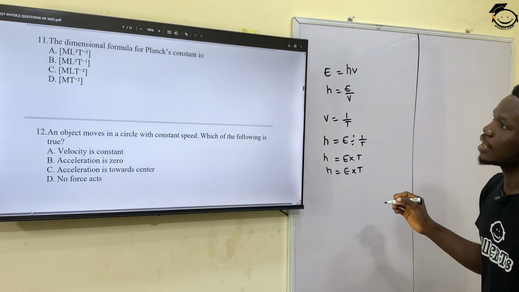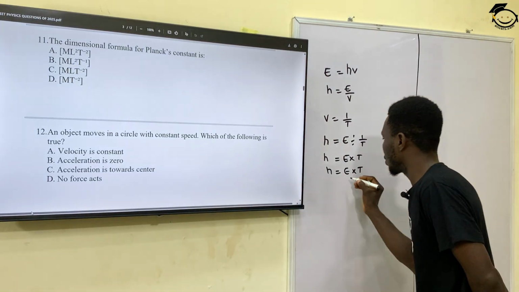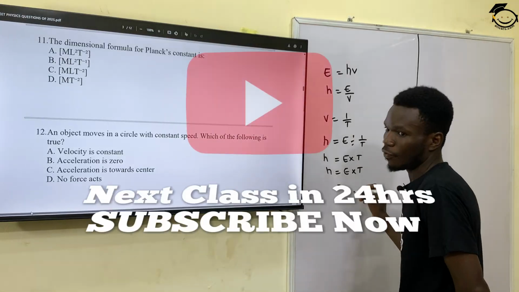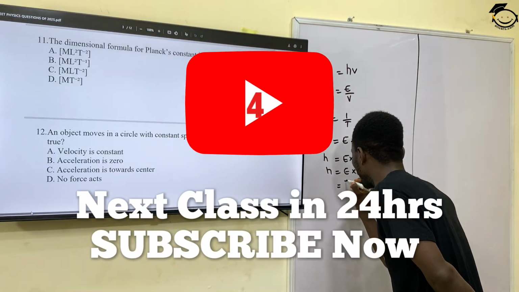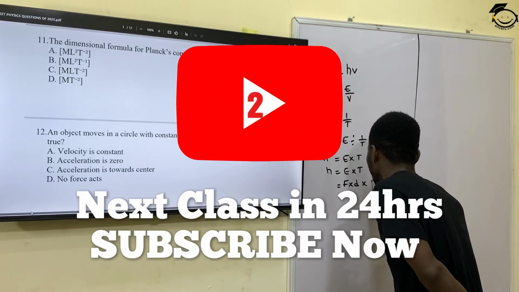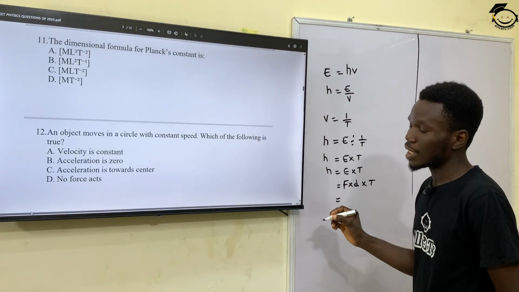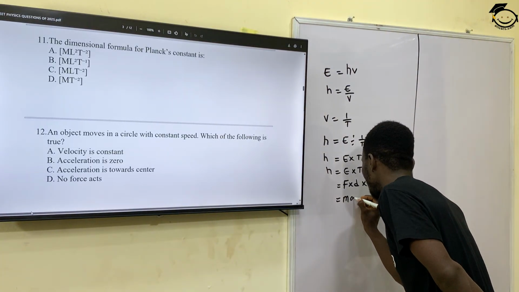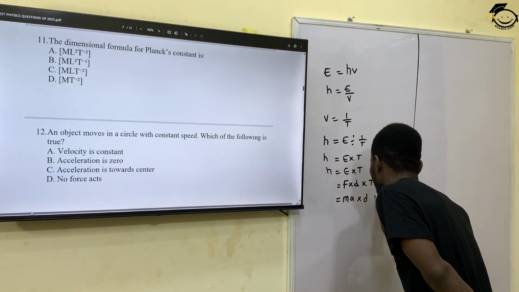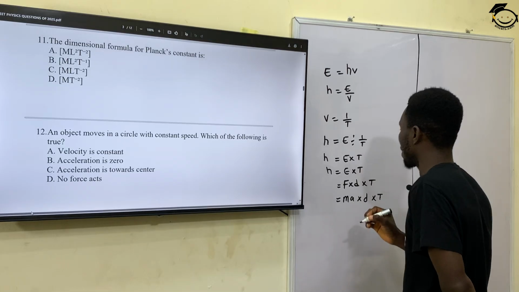So we're trying to find the dimension, and we know that energy is force times distance. So this means that I have what? Force times distance times time. And I know that my force is mass times acceleration, so I have mass times acceleration times distance times the period, which is time.